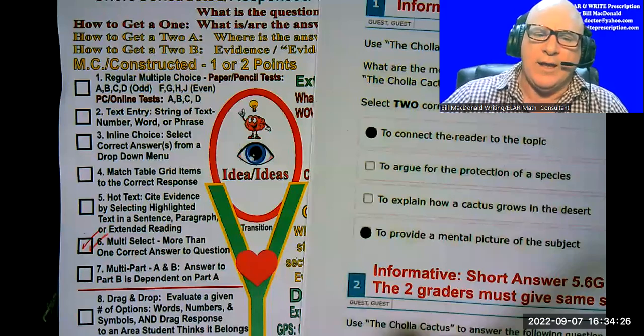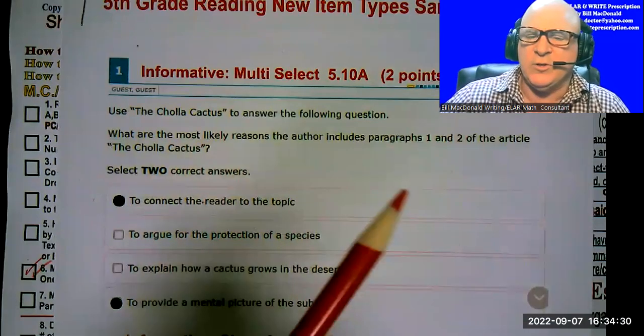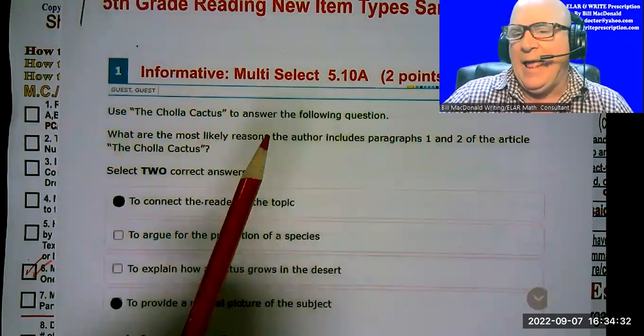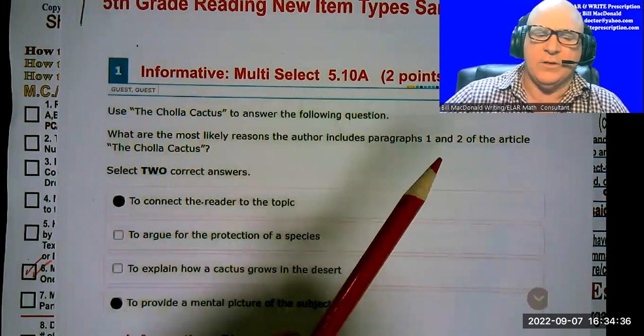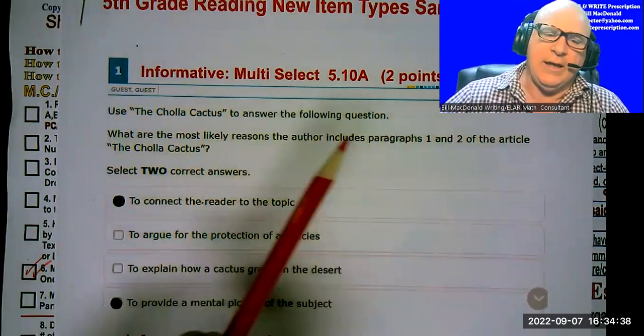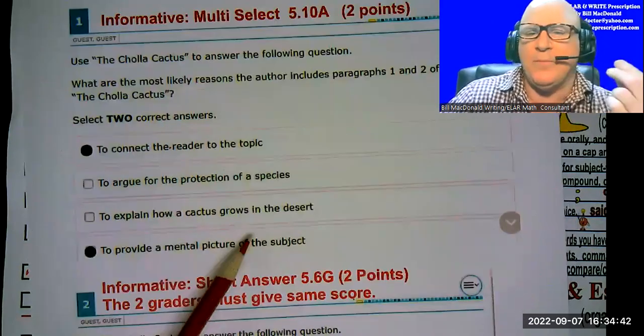Use Kala cactus to answer the following question. What are the most likely reasons the author includes paragraphs 1 and 2 of the article, the Kala cactus? Select 2 answers. And the answers are typical: to connect the reader to the topic.